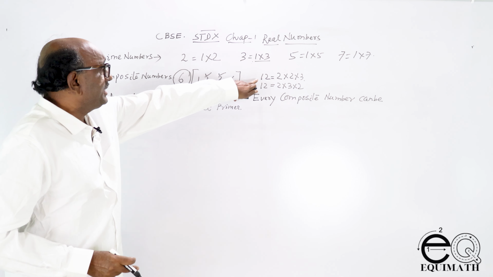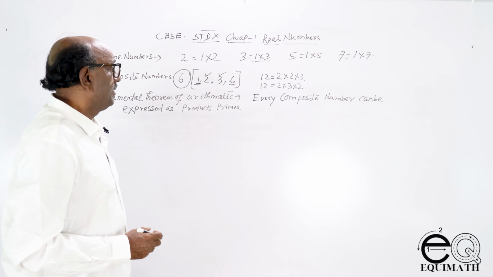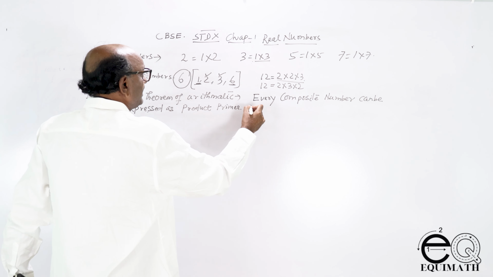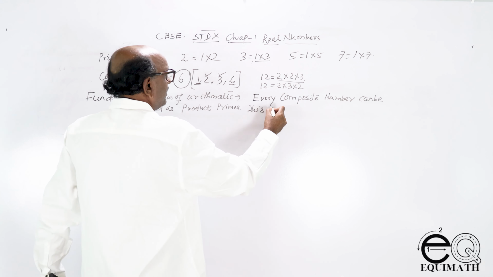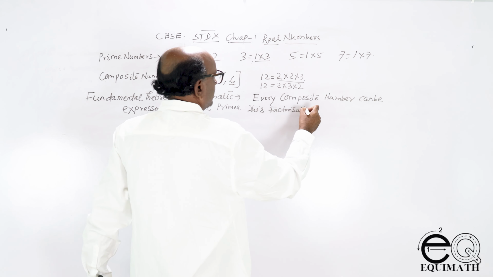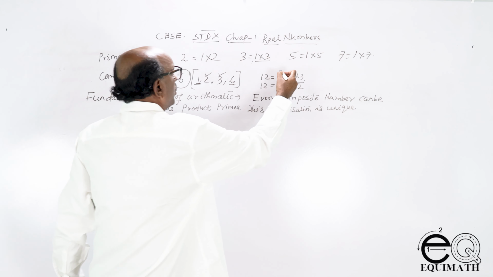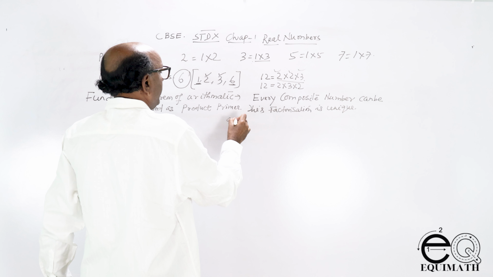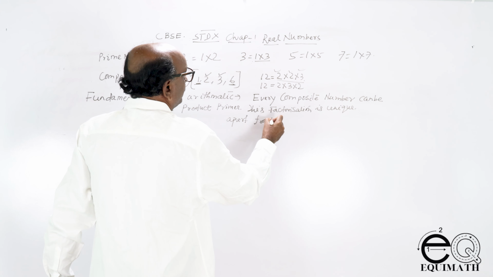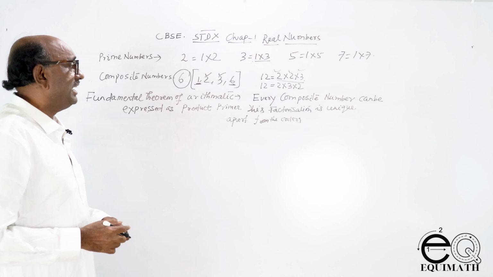So every composite number can be expressed as a product of primes, and this factorization is unique, apart from the order of the numbers. So that is the fundamental theorem of arithmetic.